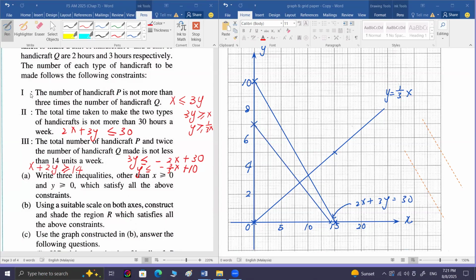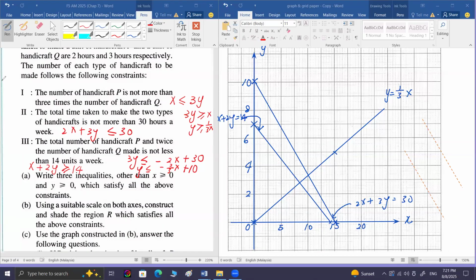Okay, so this line is X plus 2Y is 14. So how many? We have three inequalities already, okay? 1, 2, 3, that we have drawn. These three we have done. So another one is the X-axis, Y-axis, okay?